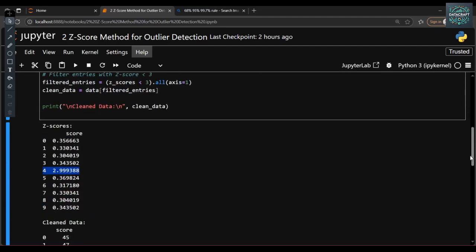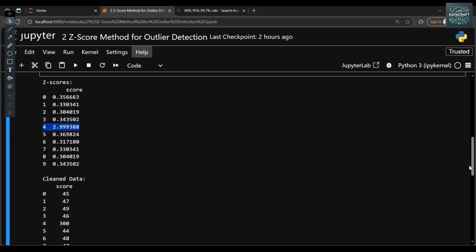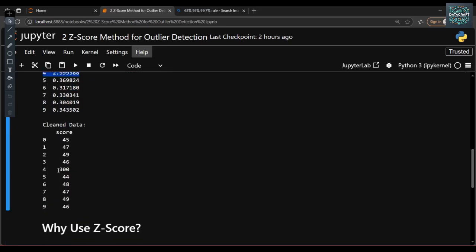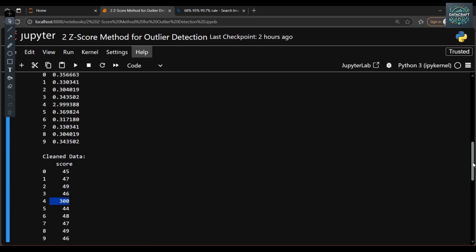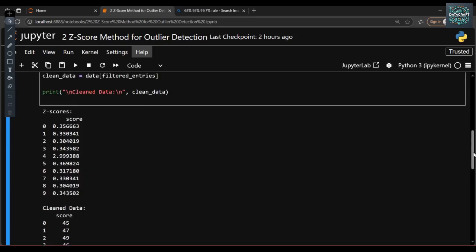After cleaning the data you can see the 300 is gone. The value 300 is far from the rest of the elements, so it gets a very high Z-score, around 3.